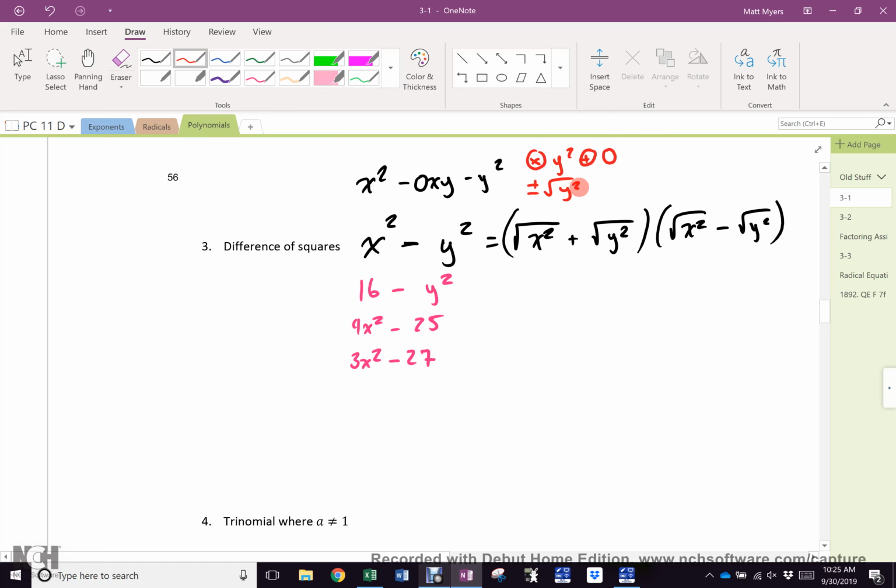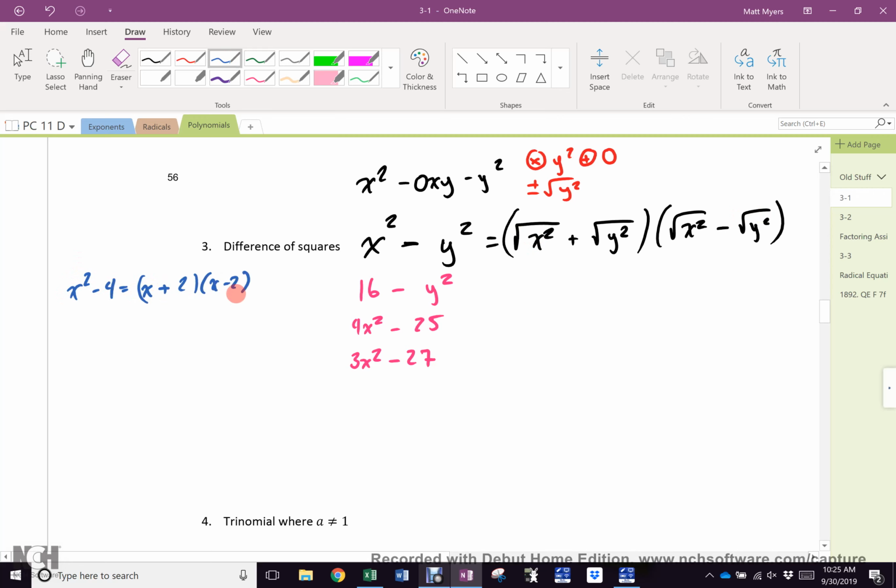Everybody cool? Now, a lot of people right now look at that, because it's all the letters, and you're like, oh, barf, gross. But then as soon as you see a couple of examples, it's easy. X squared minus 4. Run it through here. What's the square root of x squared? X. Plus, what's the square root of 4? 2.